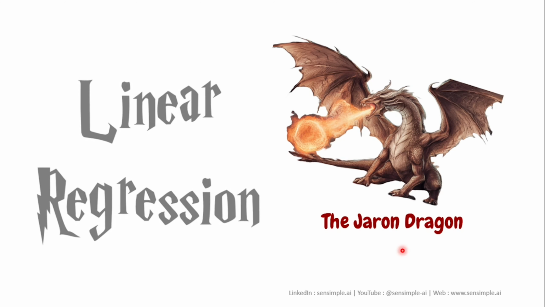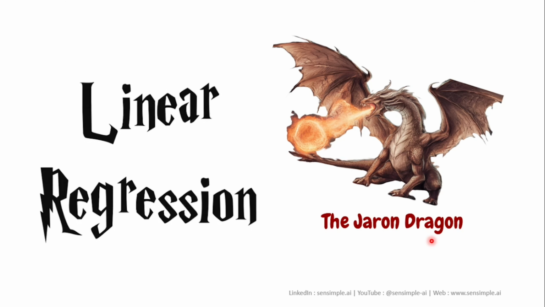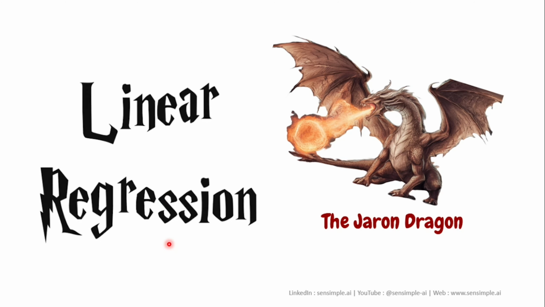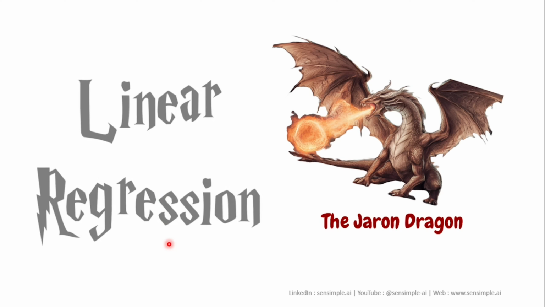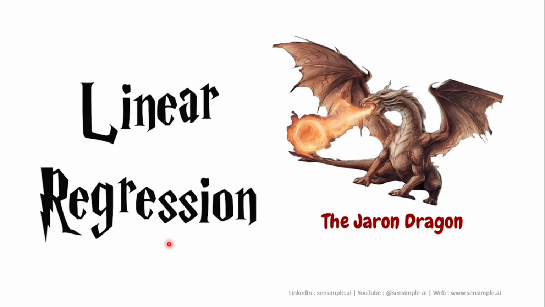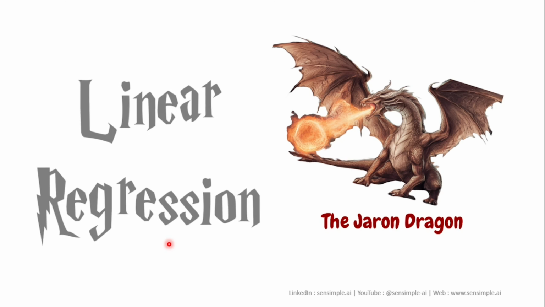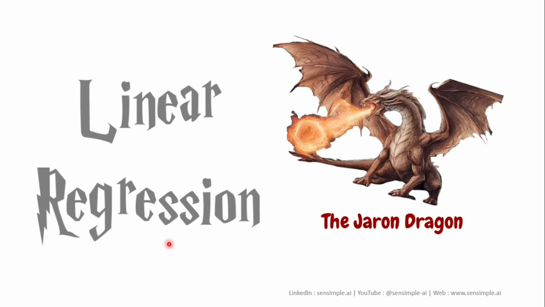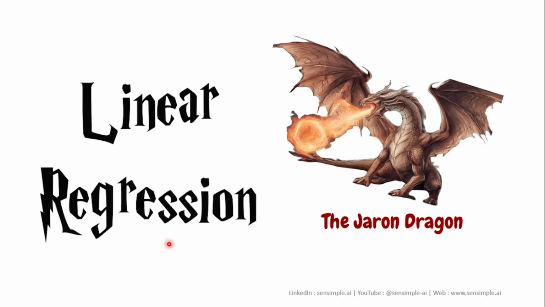Let's welcome our dear friend, the jargon dragon, which has brought the jargon, linear, and regression to us. As they say, what's in the name? But I believe that in today's world, there is a lot in the name, and it gives us a lot of insight to understand why a concept is named something specifically, like why it is called linear regression.